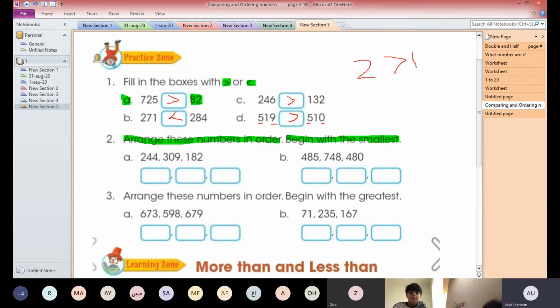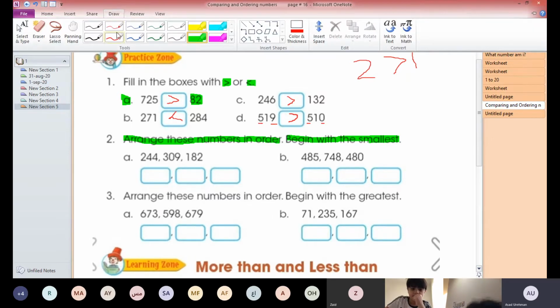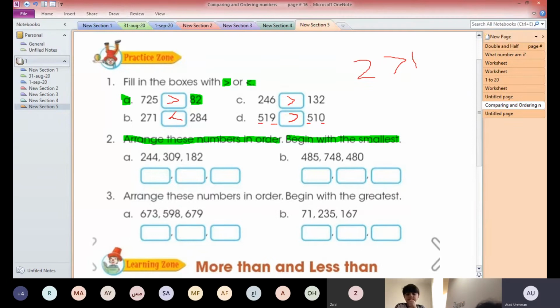We have also completed this type of exercise. What are you going to do now? First, I need to change the pen. I'm going to check the smallest number. So I will check hundreds first. This is 2. This is 3. So 2 is smaller than 3. We know 3 is the bigger one here.